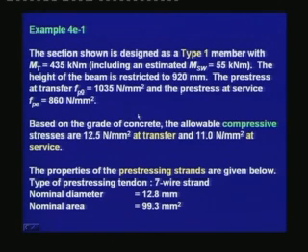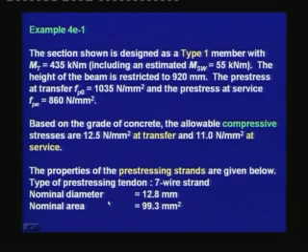Based on the grade of concrete, the allowable compressive stresses are 12.5 Newton per millimeter square at transfer and 11 Newton per millimeter square at service. The properties of the pre-stressing strands are given below. Type of pre-stressing strand is 7-wire strand.